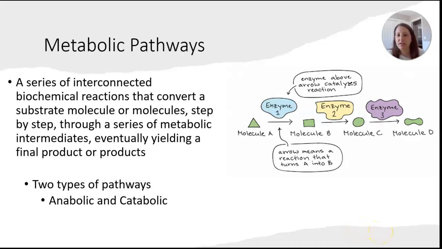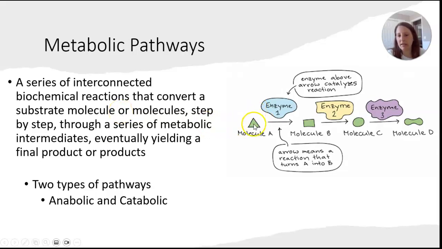It's a series of interconnected steps of biochemical reactions that will take whatever we start with, which is called the substrate molecule. In this figure, the substrate molecule in the beginning is molecule A. It will convert that substrate molecule step by step.